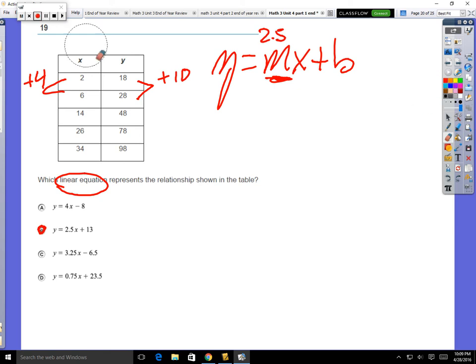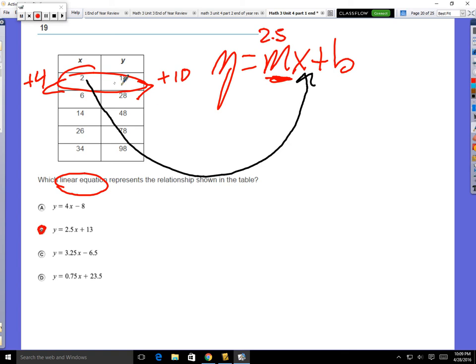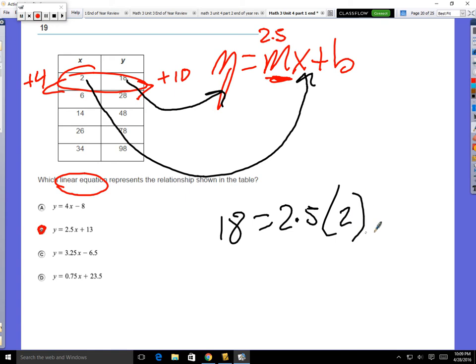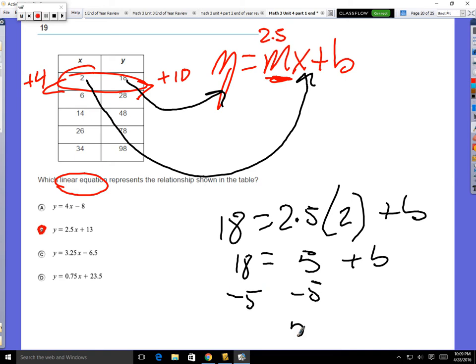So if I choose this dot right here, if I choose 2 and 18, okay, 2 is the x, y is the 18, so you've got 18 equals 2.5 times 2 plus b, and 2.5 times 2 is 5 plus b. 18 minus 5, minus 5, so that means b would have to be 13, which it is.